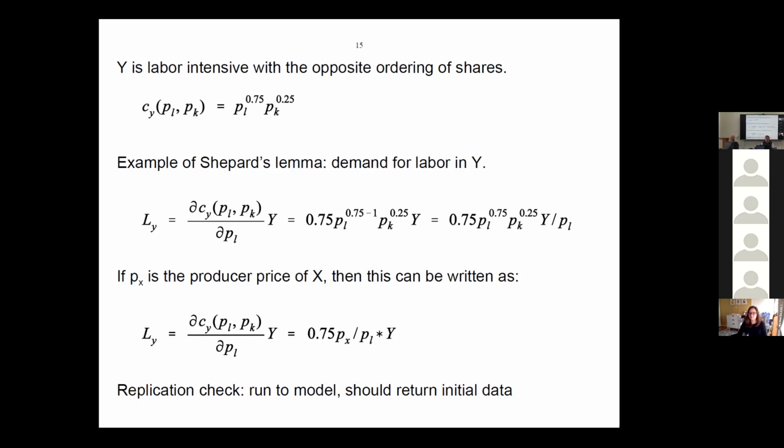Labor in the Y sector is the derivative of the unit cost function with respect to the price of labor times the output level of Y in equilibrium. So we just take the derivative of the cost function with respect to the price of labor. We get this. Sometimes I simplify it and write 0.75 divided by PL, instead of 0.75 minus 1, because this is the cost function coming back at you.